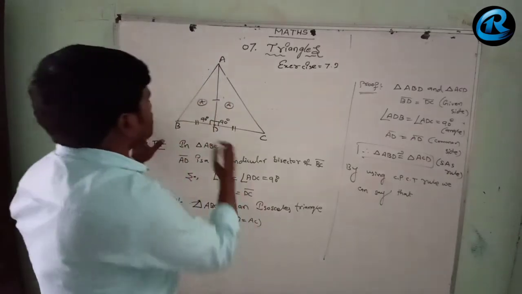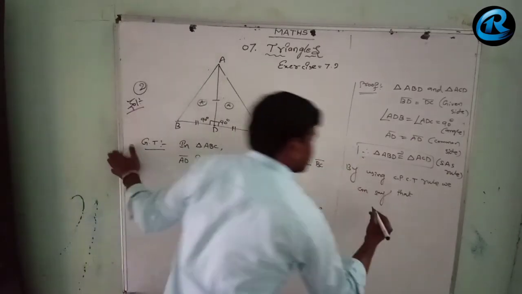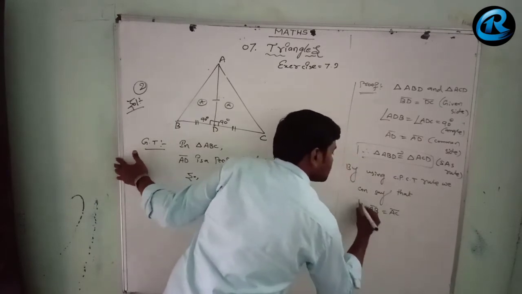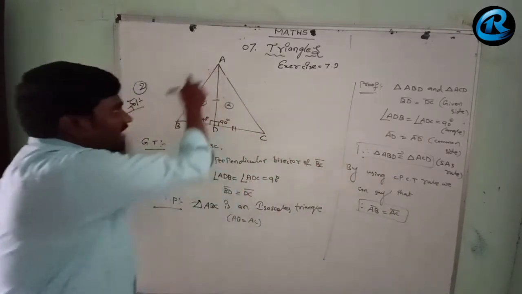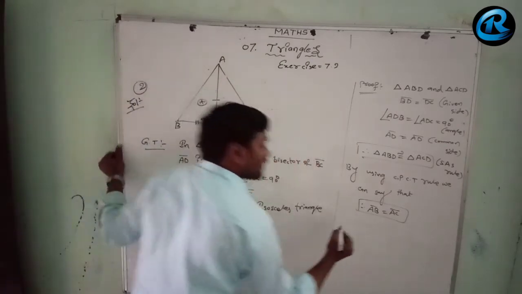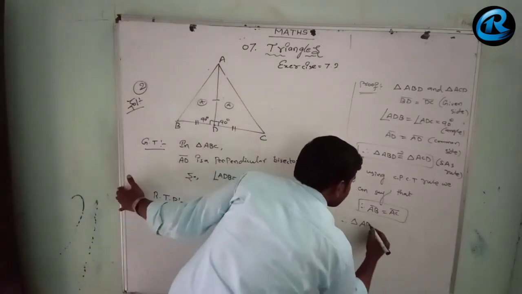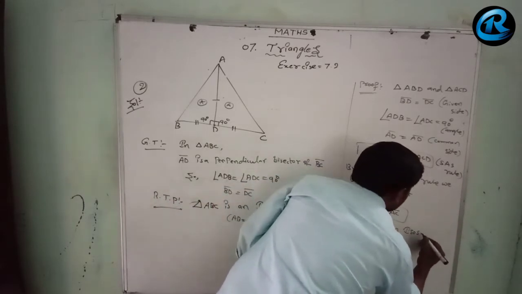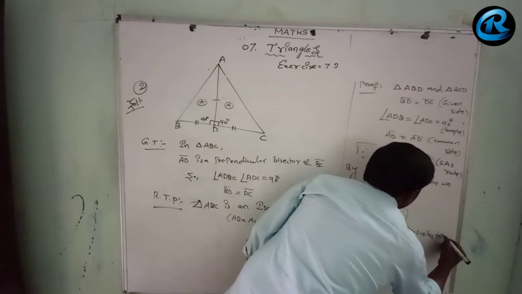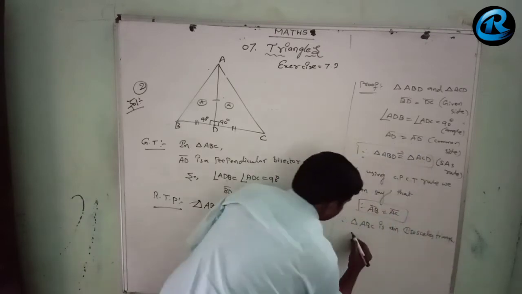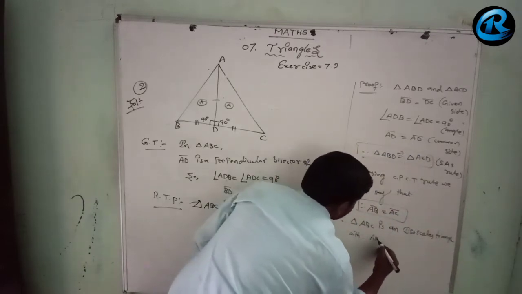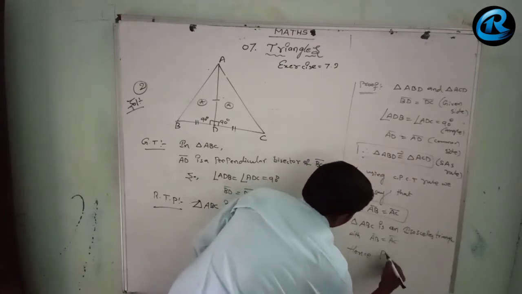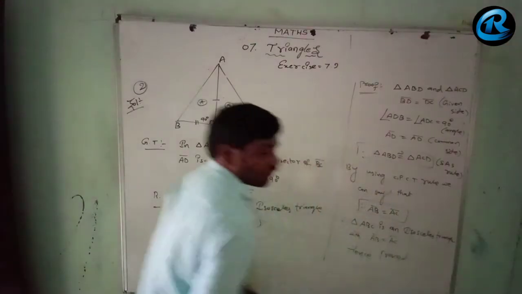So by the CPCT rule, AB equal to AC. If AB equal to AC, this triangle ABC is called an isosceles triangle. Therefore, triangle ABC is an isosceles triangle with AB equal to AC. Hence proved. We have proved that.